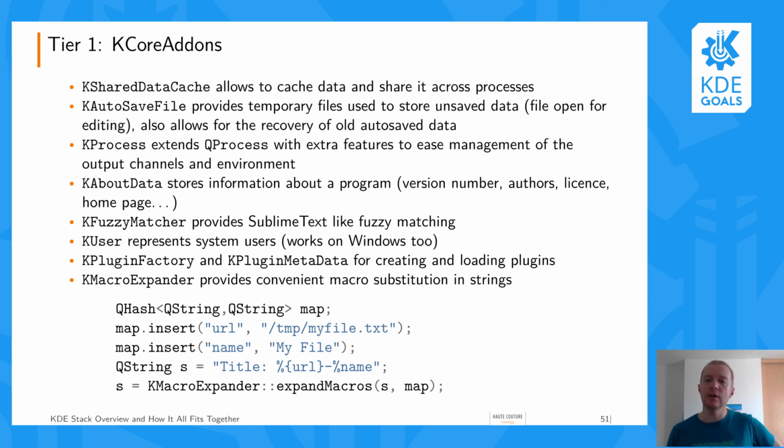There's a shared data cache, which allows you to share data between processes, ways to handle autosave files, an extension somewhat to QProcess with more options, a way to describe the about of an application, fuzzy matching, user handling, the necessary to make plugin-based architectures, a way to expand macro strings, and so on and so on.